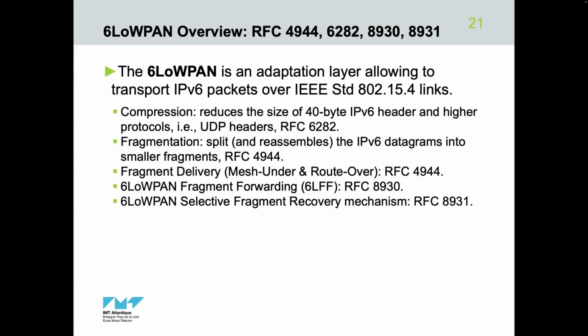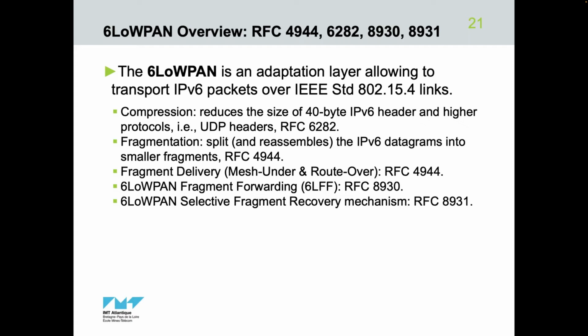While the latest standard, the 6LoWPAN selective fragment recovery mechanism, RFC 8931, is in charge of the recovery of missing fragments. Basically, it proposes a recovery mechanism for potentially lost fragments between the 6LoWPAN endpoints, as well as a minimal flow control to prevent bloat in the mesh network.